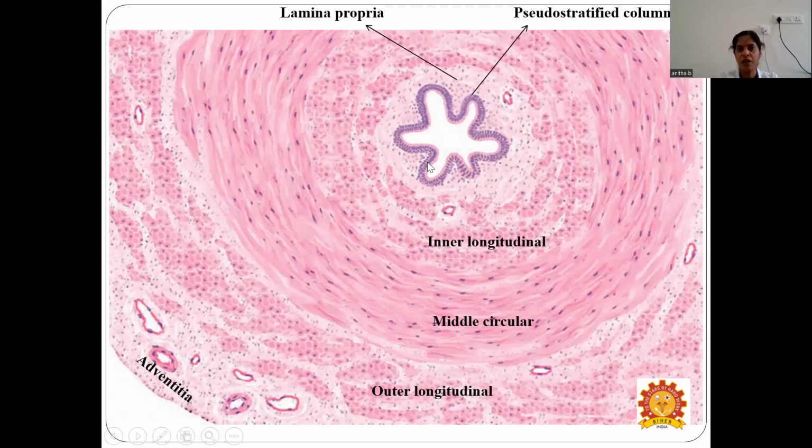In vas deferens, we are able to see the pseudostratified epithelium. In ureter, you can see the transitional epithelium. That difference is there, no? Okay, so during the examination, you have to concentrate. You have to see the muscle layer thickness, and also you have to look for the lining epithelium. Okay, is it clear? Vas deferens.